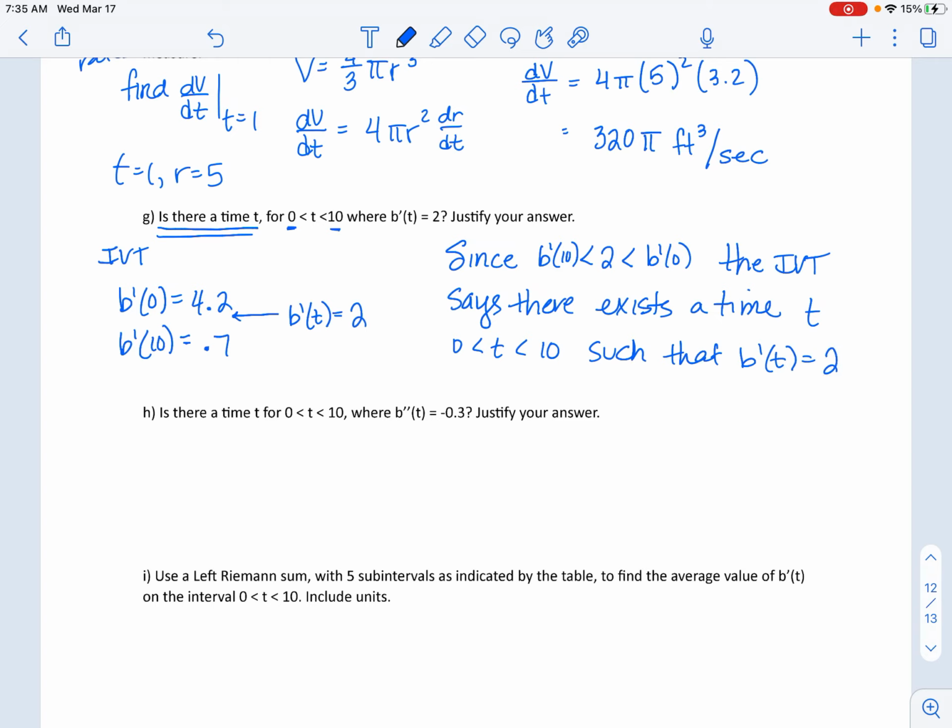And one more thing, we have to say that the function is continuous. In order for that to happen, we were told it's differentiable. So we somewhere have to say that since b prime of t is differentiable, b prime of t is continuous, because we can't use intermediate value theorem unless it is continuous.